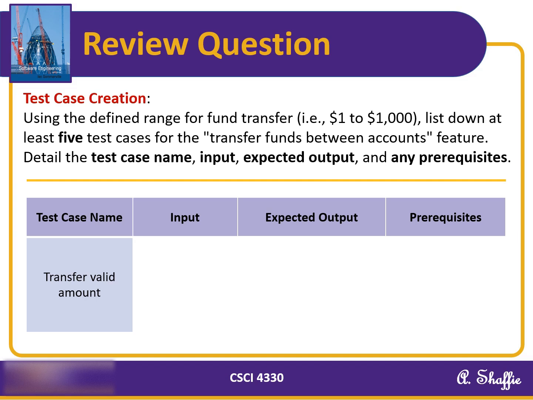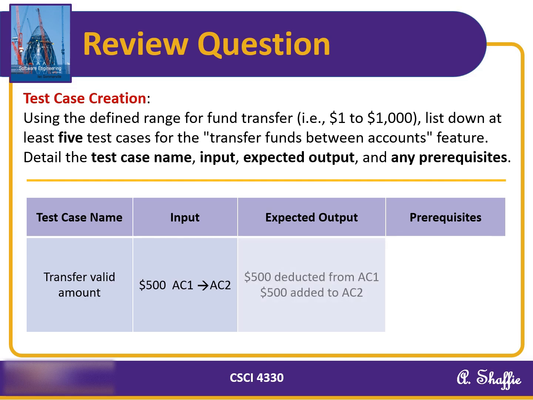For the input, I choose a valid amount, for example, $500, and will transfer this amount from account 1 to account 2. The expected output should be $500 deducted from the first account and $500 added to the second account.